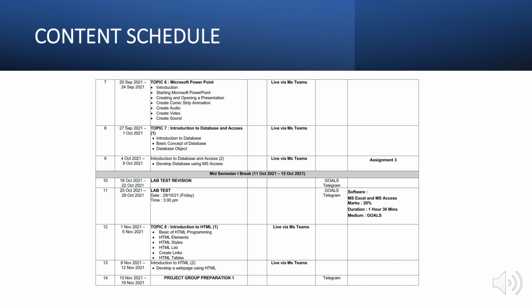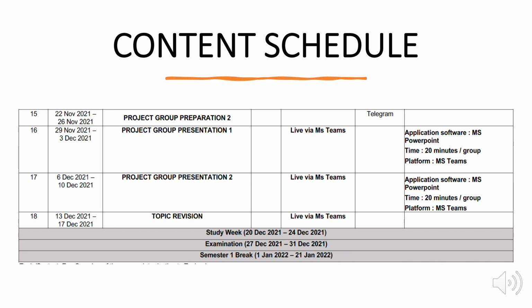You can continue your work anytime. But weeks 14 and 15 are the time for you to do the preparation. Make sure that you complete your PowerPoint project in weeks 14 and 15. So there are 2 weeks to complete it.